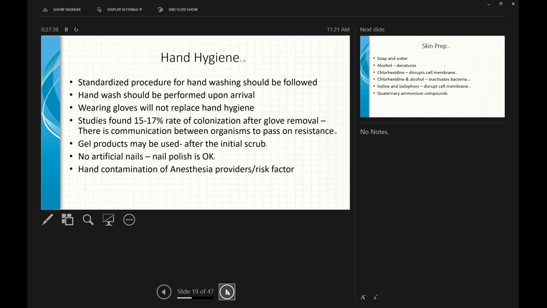The studies have found a 15 to 17% rate of colonization after glove removal. And there is a communication between organisms to pass on resistance.